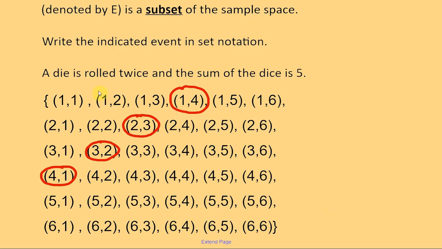So the event, a die is rolled twice and the sum of the die is 5, would be 1, 4; 2, 3; 3, 2; and 4, 1.